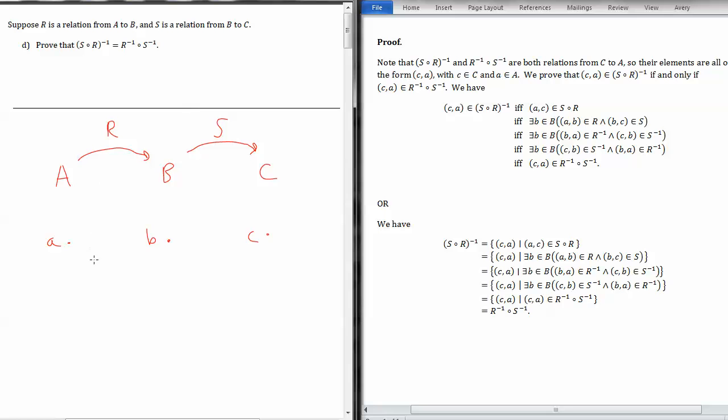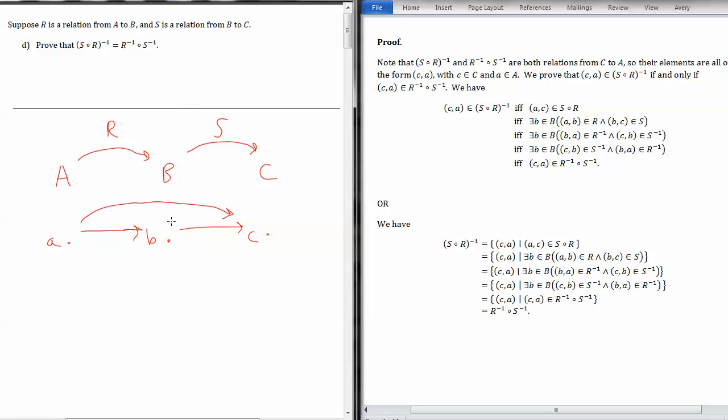And so that would be something of the form ordered pair AB, which we could represent by an arrow from A to B. And then something in S looks like maybe ordered pair BC. Okay. And then if we want the composition, then we would know that if those two are in R and S, then this one, AC, is in the composition.